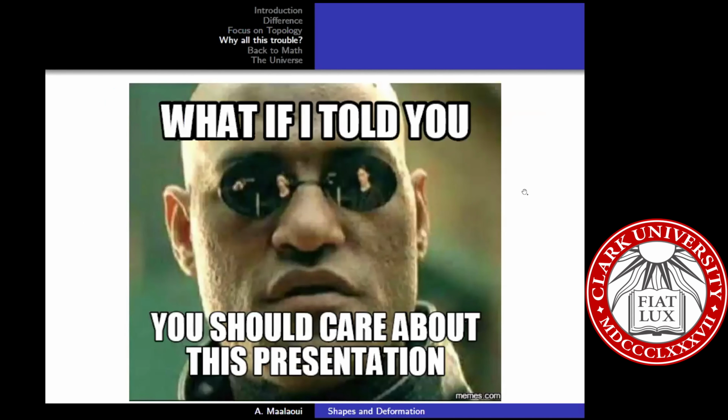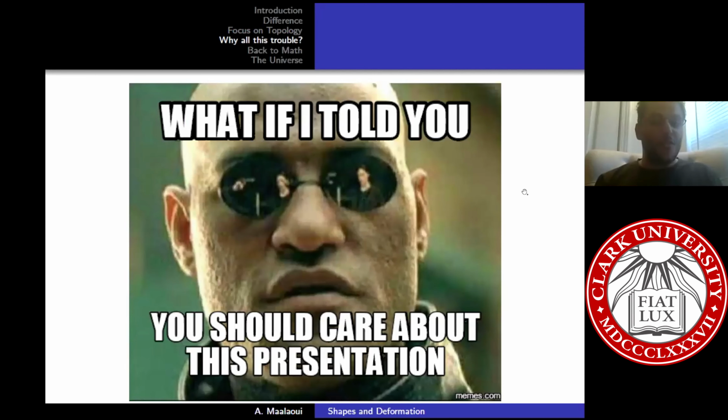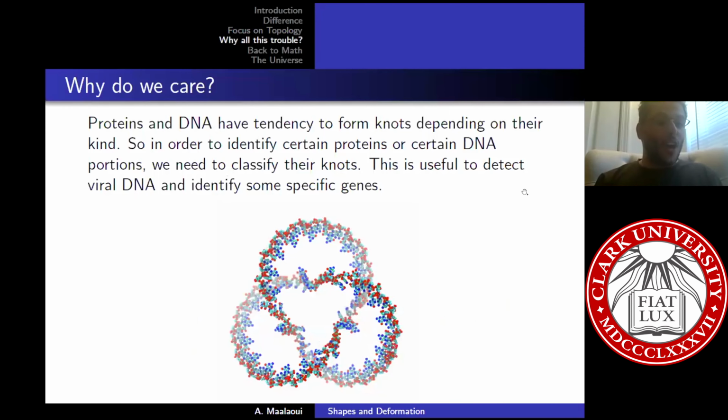But what if I told you that you should care about this presentation? And I'll give you a reason why. So proteins and DNA have a tendency to form knots by themselves depending on their kind. So certain proteins tend to knot themselves in a certain way. So in order to identify certain proteins or DNA portions, you need to classify these knots.